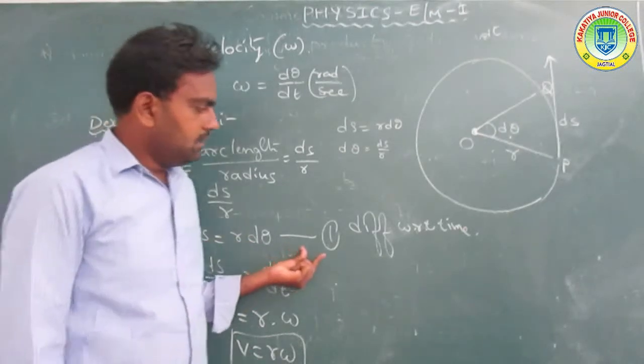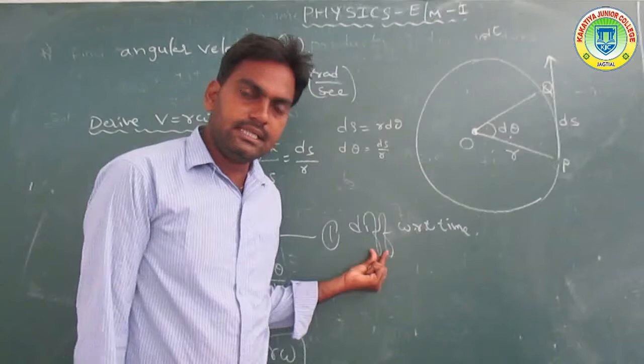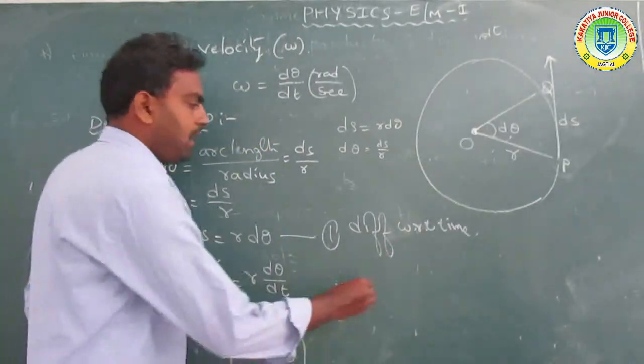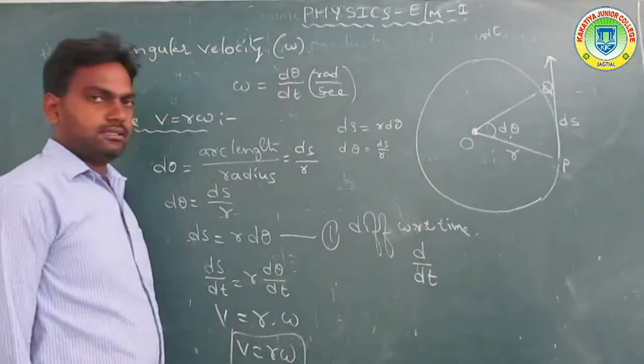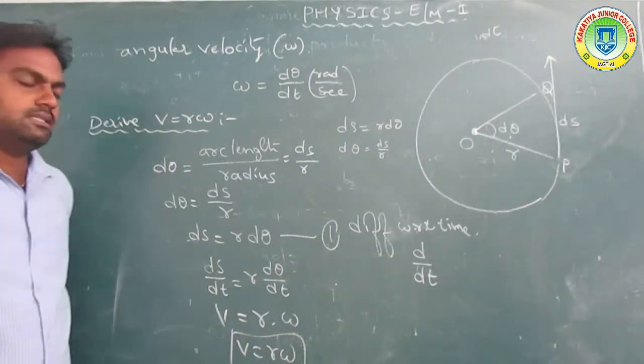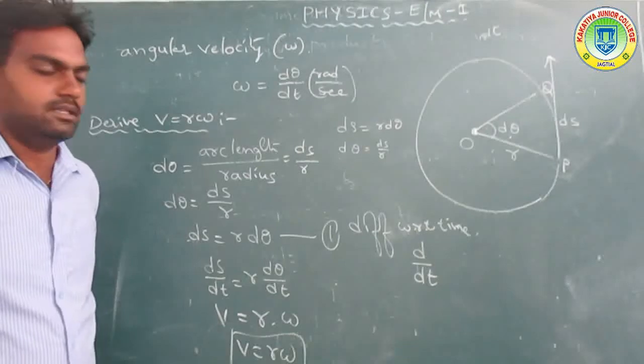So equation 1, differentiating. What is differentiating? That is d by dt in mathematics. One chapter on this is already introduced in the first year syllabus.